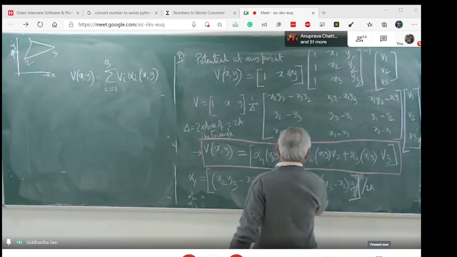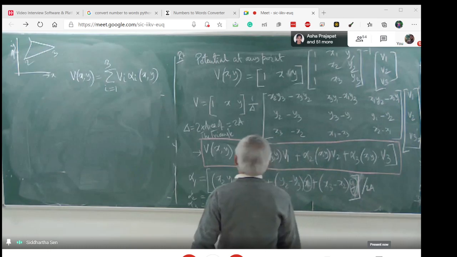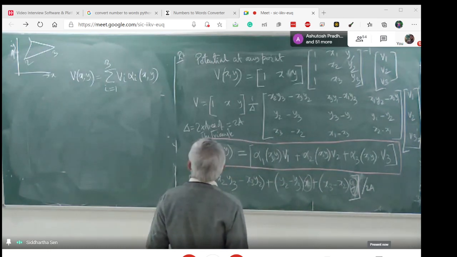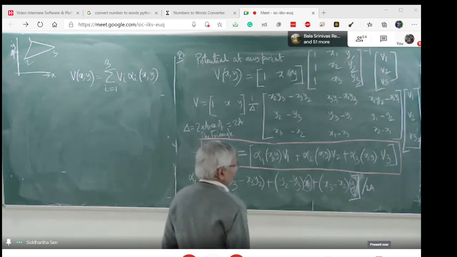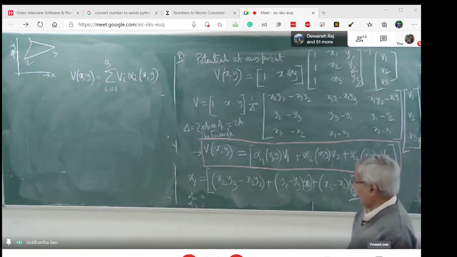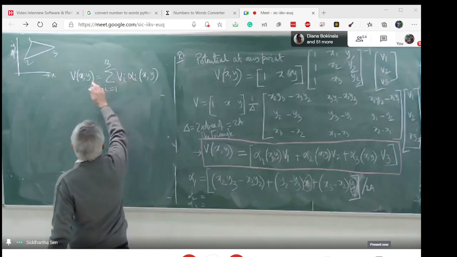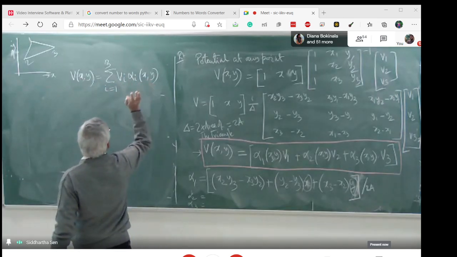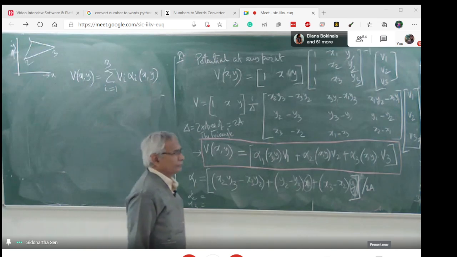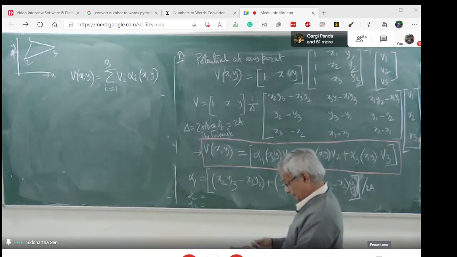Because in alpha i there are terms of x and y, mind it. So alpha i is a function of x and y, and that we multiply with Vi, V1, V2, V3. Okay? Among them V1, V2, V3 are fixed, so alpha i are functions of x and y.